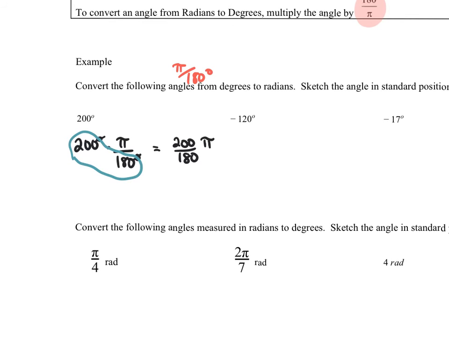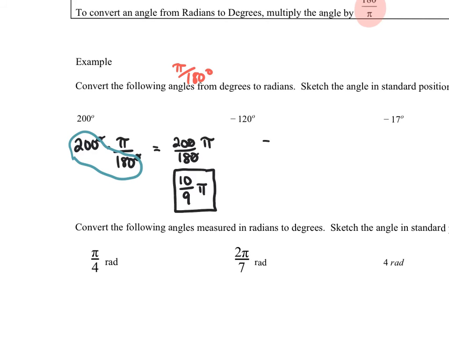Now obviously that reduces. I can cancel a 0, and 20 over 18 reduces to 10/9. So my radian measure is actually 10 pi over 9. So I always want to have it something in pi if I can for my radian measure.